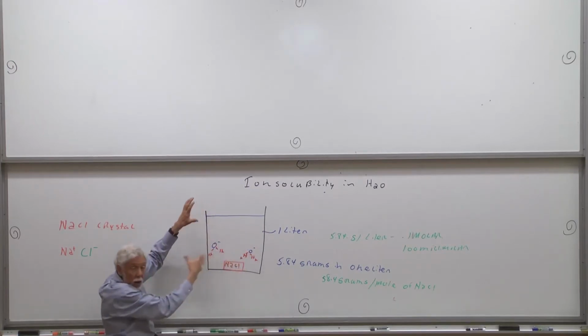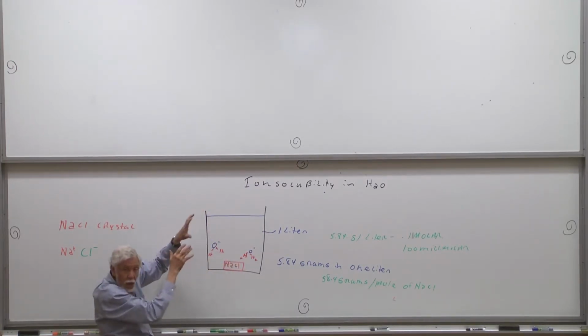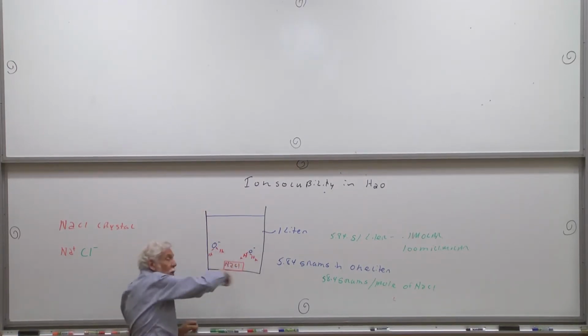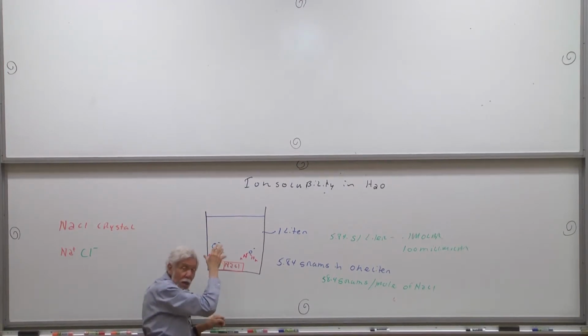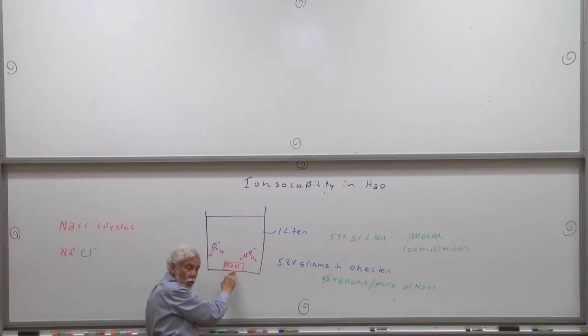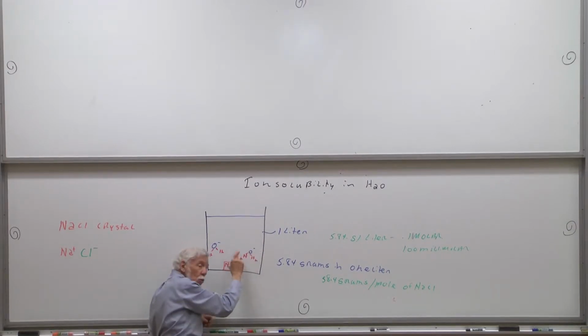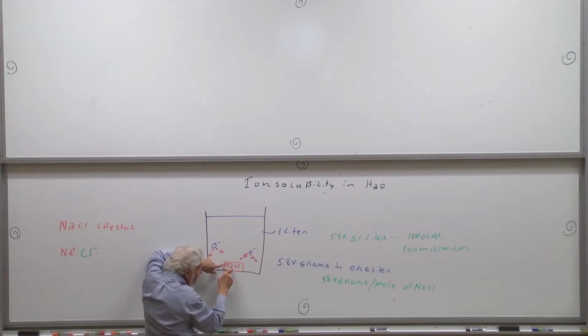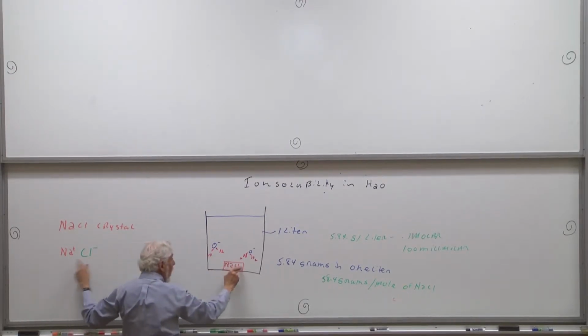And certainly they're interacting one with another through those hydrogen bonds. But they're bouncing around because of thermal energy. There's a certain amount of heat and energy in here where these molecules are bouncing around. And now and again, they'll bounce into this crystal of sodium chloride. There's enough energy in these water molecules as they're bouncing around that they can cause the liberation of a sodium and a chloride into the water.